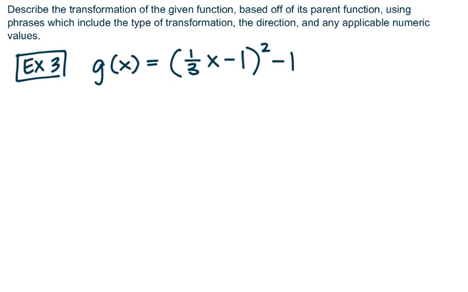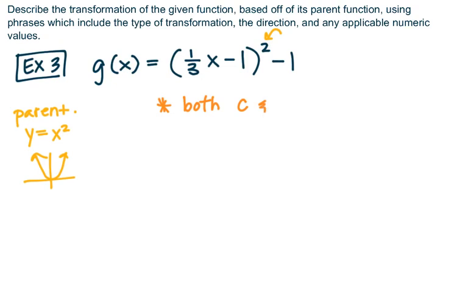So in this example, we want to describe the transformation. And of course, we know what our parent graph is going to look like, that x squared graph. So we're going to have y equals x squared. We know the graph is shaped like a parabola. But this problem is different, and this is a unique situation. We have both a c value and an h value.